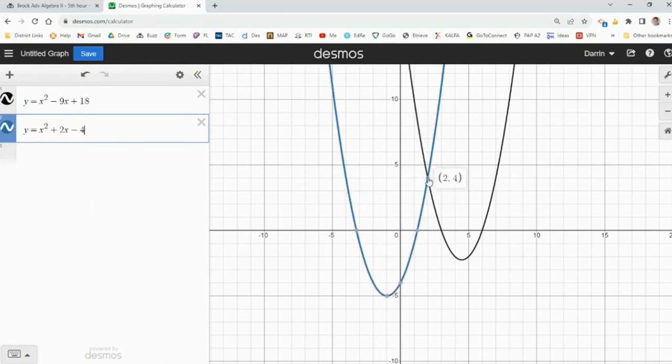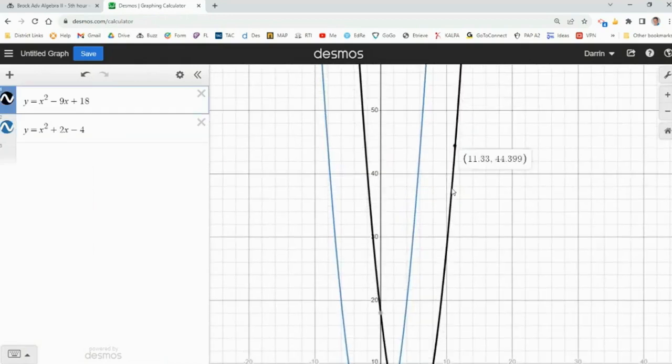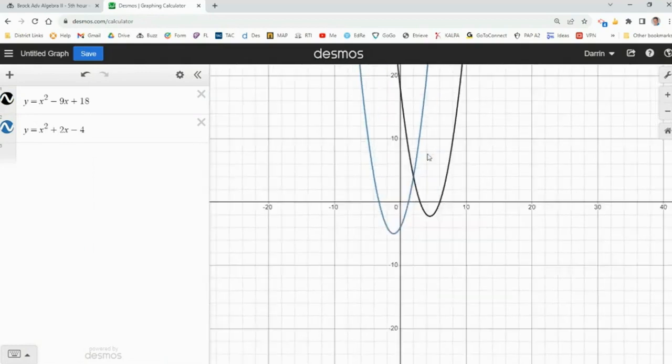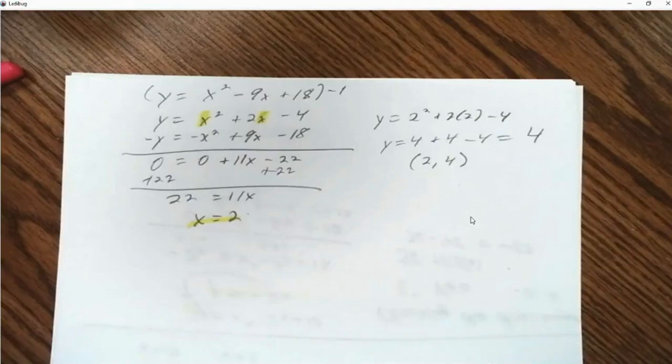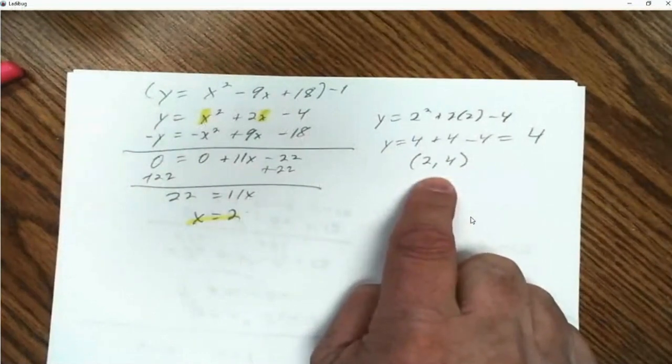Oh, look, there is one solution right there. That's the only place they cross. They don't cross anywhere else. But they do have one solution right here: 2, 4. And did we get that when we did it mathematically? 2, 4. One solution.